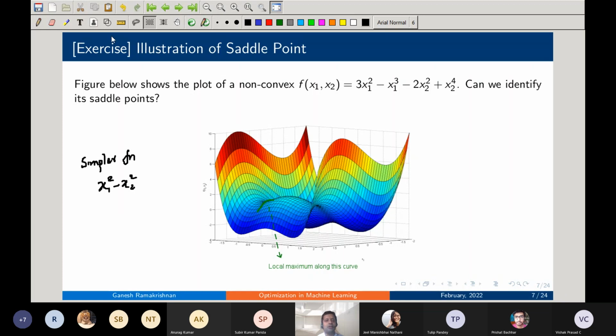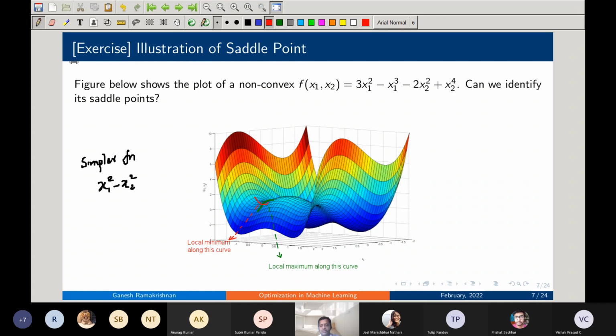It's a local max along this curve, whereas along this curve you have a local min. So again, this is an example of a saddle point.